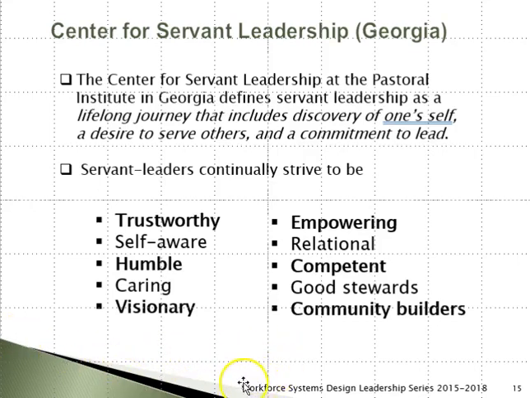They empowered people, and they were relational. They were considered competent by their peers, and more importantly, competent by those that reported up to them. They were extremely good stewards of resources, and they were, again, community builders.